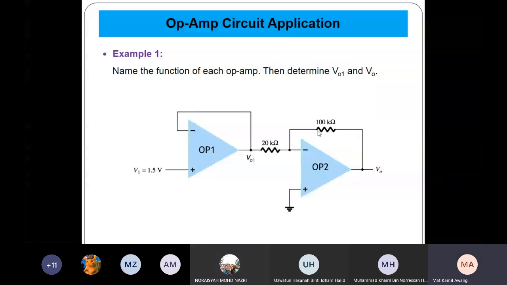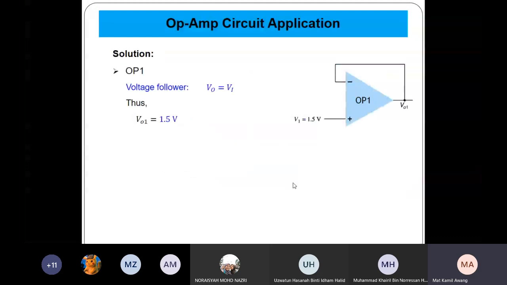So the gain is 100K divided by 20K, which is 5. So 1.5 multiplied by 5 is 7.5. But this is inverting, so it's minus 7.5. Okay, minus 7.5.